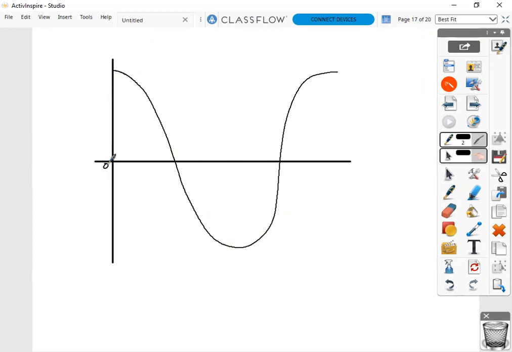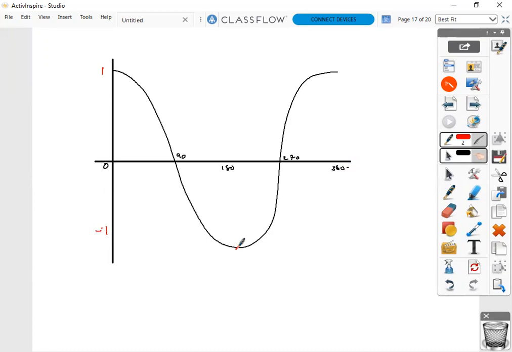Roughly, 0, 90, 180, 270, 360. If the maximum is 1, the minimum is -1.